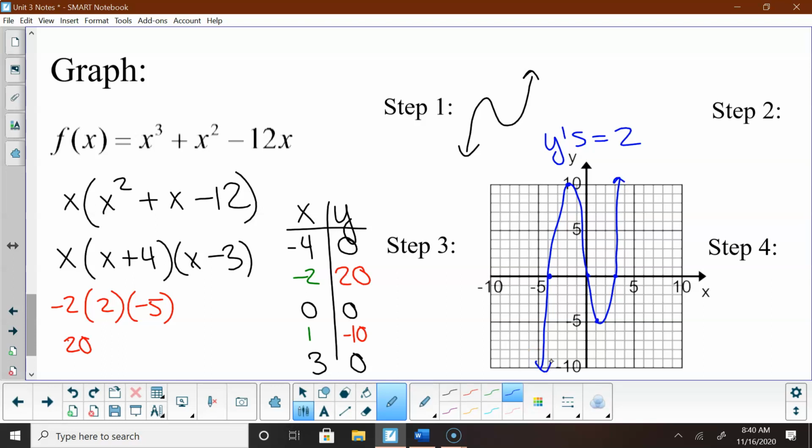Something like that. Ta-da! That's it for notes.